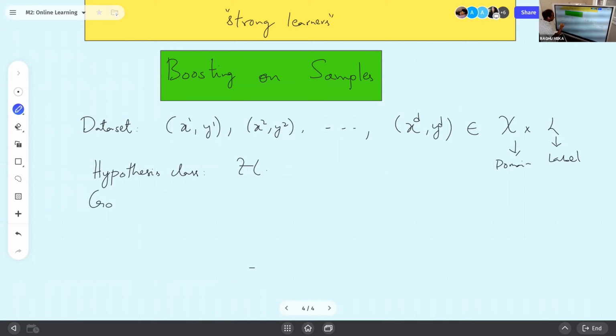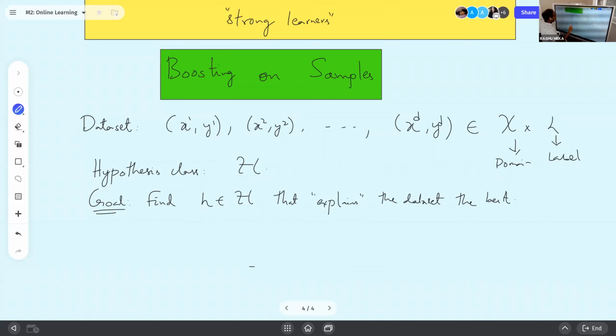So the goal: find h belonging to the hypothesis class that explains the data set the best.